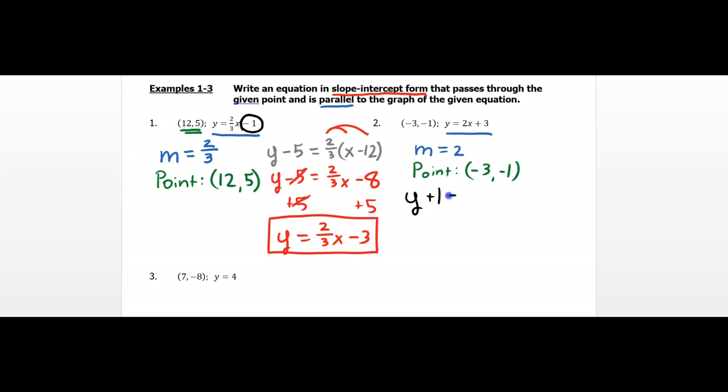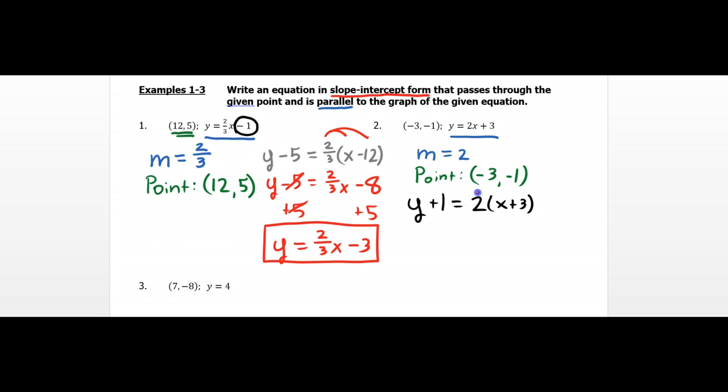That would be y plus 1 equals 2 times the quantity x plus 3. To get that equation in slope-intercept form, I need to distribute my 2. That gives me y plus 1 equals 2x plus 6, and then subtract 1 from both sides. So this equation will be y equals 2x plus 5.